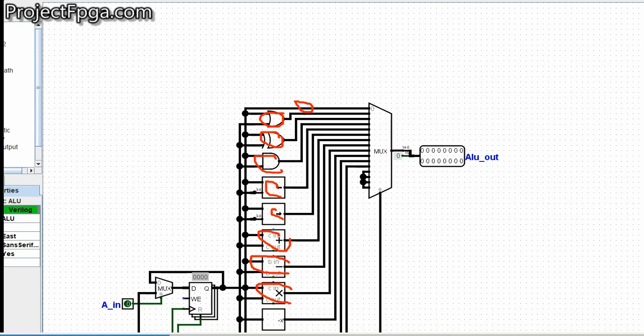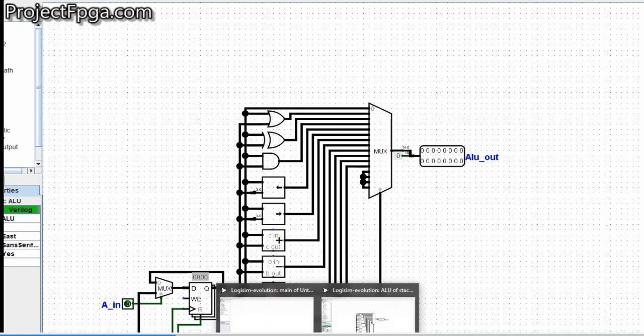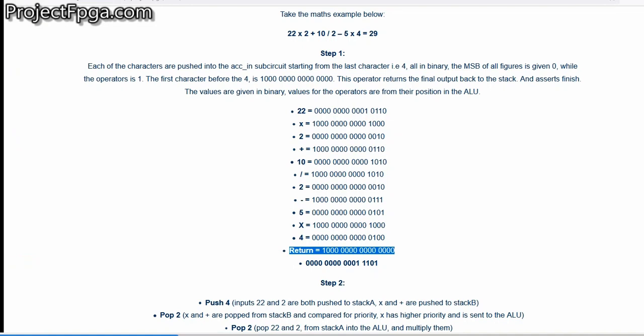Why do you need this? Because these are the binary representations of those signs. Like here, multiplication, I told you, is 8, division is 10, addition is 6, subtraction is 7, and so on.